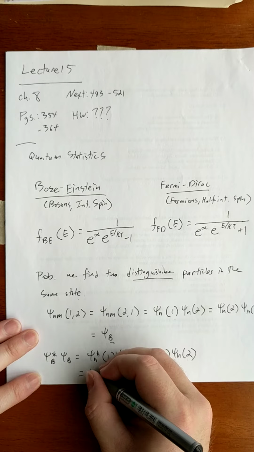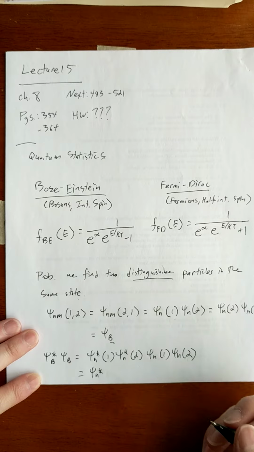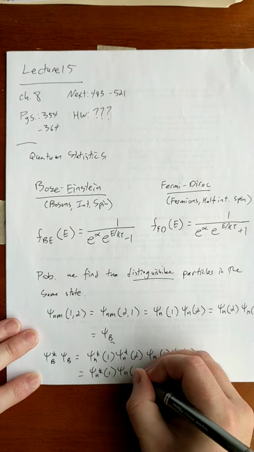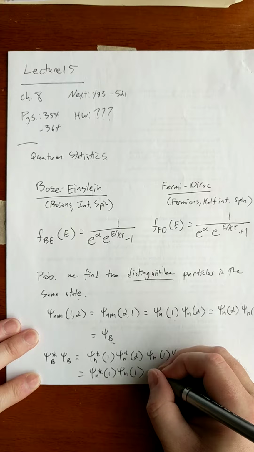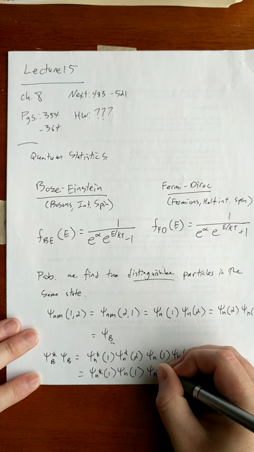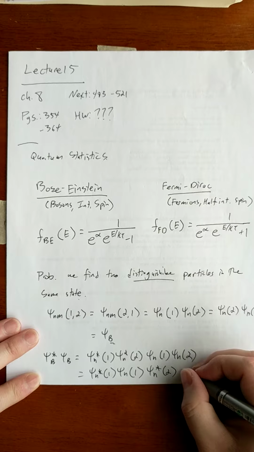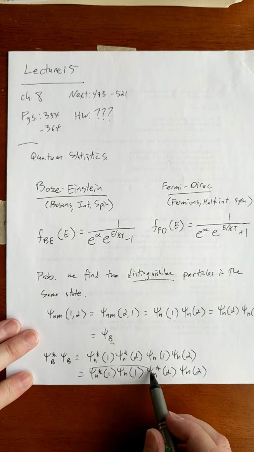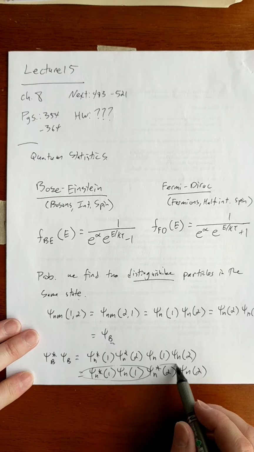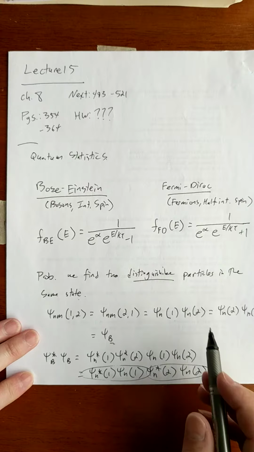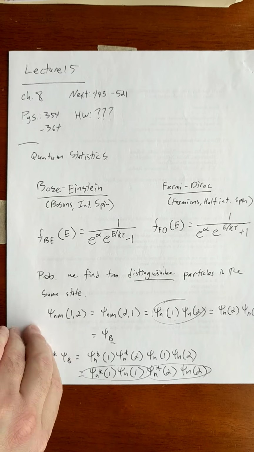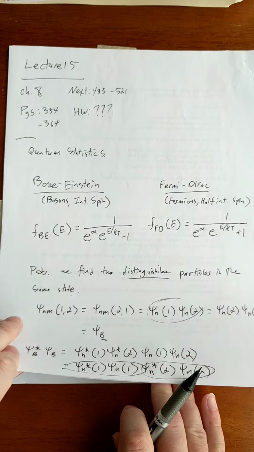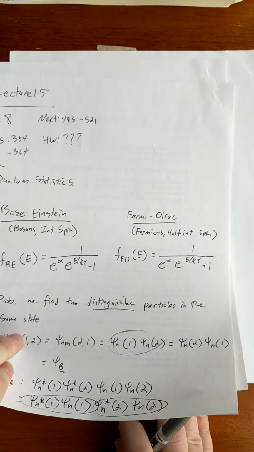If we rearrange this, I'm writing the exact same thing, just changing the order of the multiplications. These two particles separate out. We have essentially one wave function for one particle and one wave function for the other particle, and we multiply them together. It's the same as we have over here. So nothing, quote unquote, weird happens.